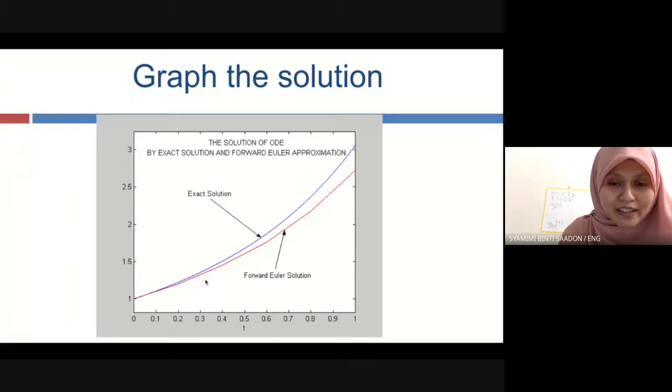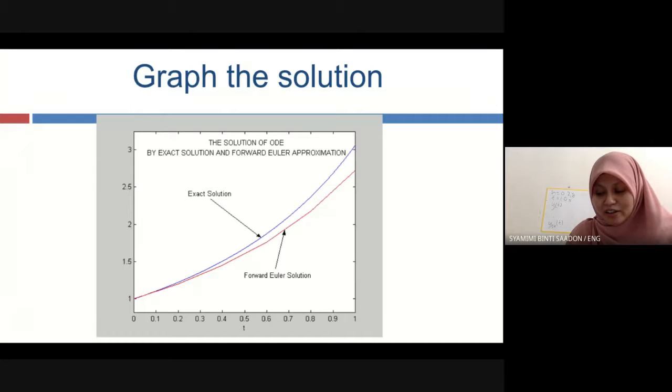We will have something like this, the solution by using the forward Euler method. So it is approaching the exact solution.